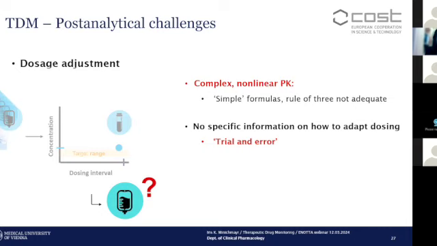Such simple adjustments that purely use the measured drug concentration are not suitable for drugs with complex or non-linear pharmacokinetics, like, for example, rifampicin, drugs that exhibit concentration or time-dependent kinetics. And as with traditional TDM, no specific information is provided on how to adapt dosing for an individual patient. Often several cycles of trial and error are necessary to achieve therapeutic concentrations.